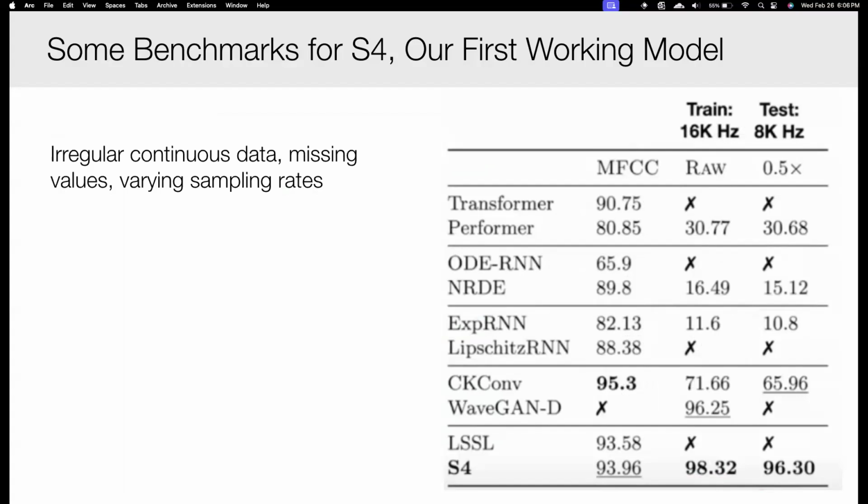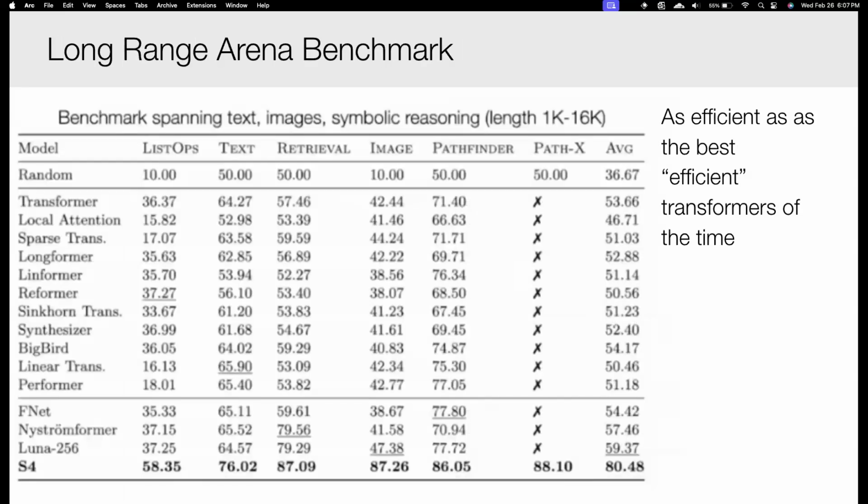Sound was kind of difficult to process back then. WaveGAN used to be able to process it pretty well. The thing is WaveGAN is significantly larger, like 60 times larger or something, I forgot exactly how much larger it was, but it was significantly larger than S4 and its performance is still worse. So it was pretty good.